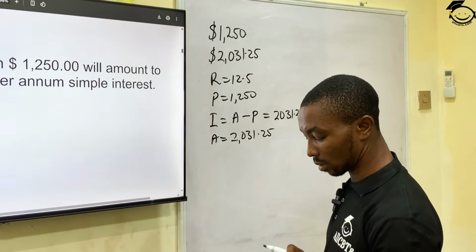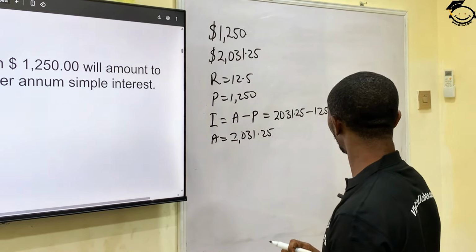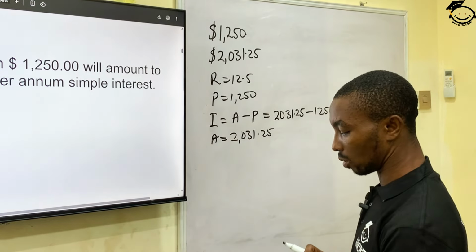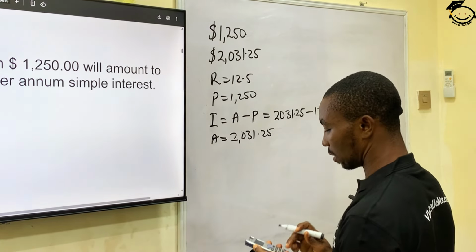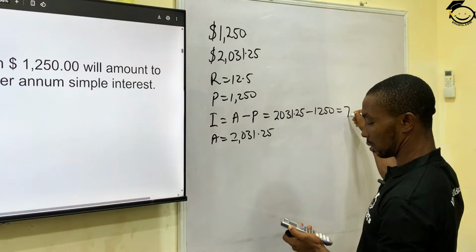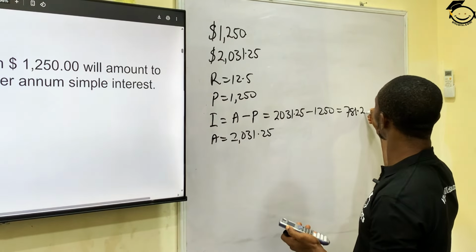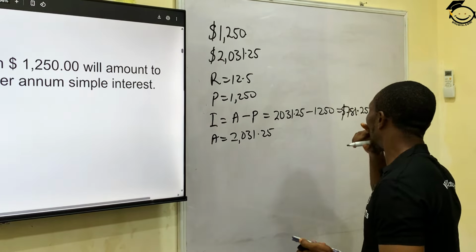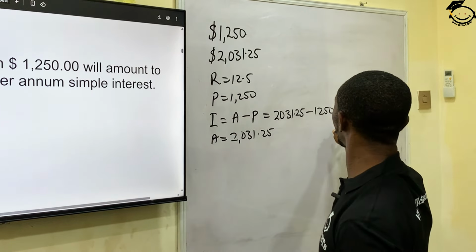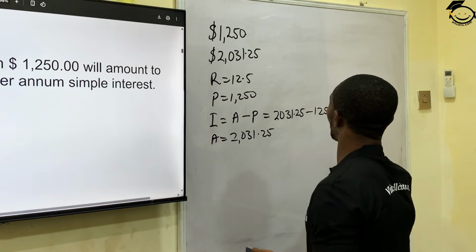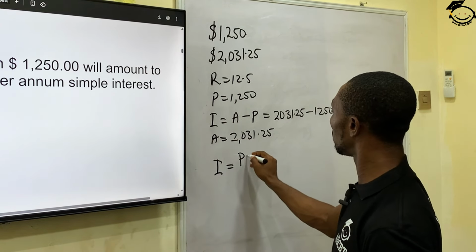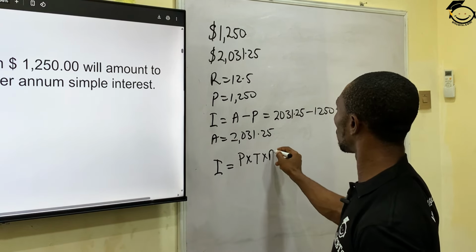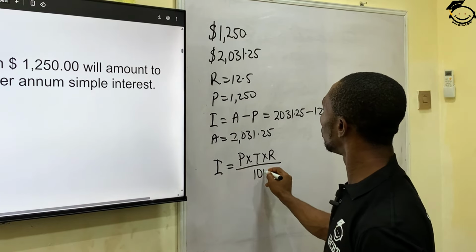If we have that, we are having it as 781.25. Okay, so our interest is $781.25.